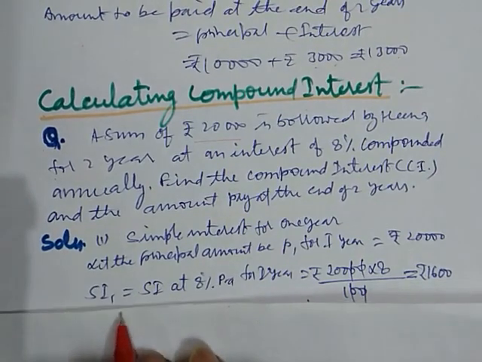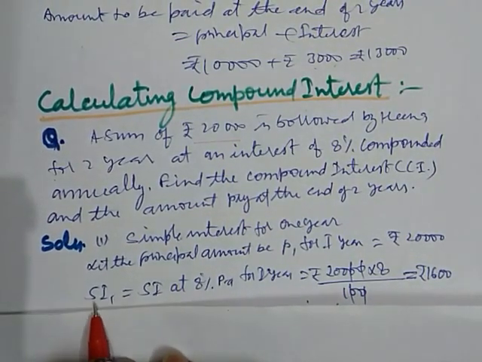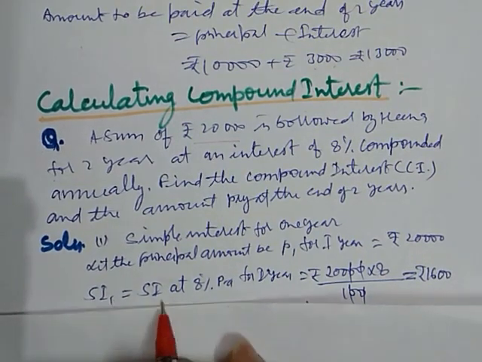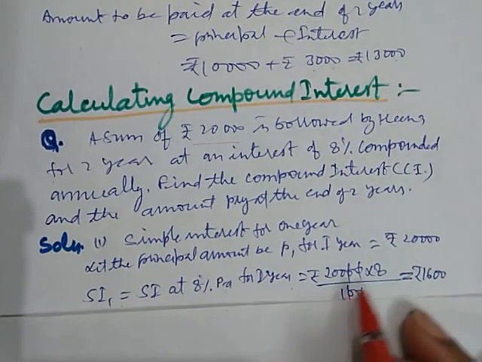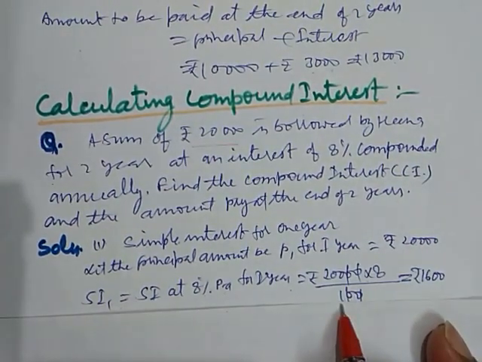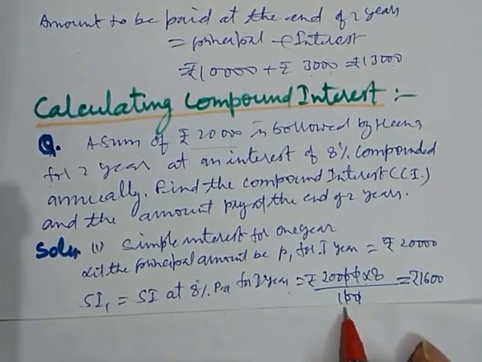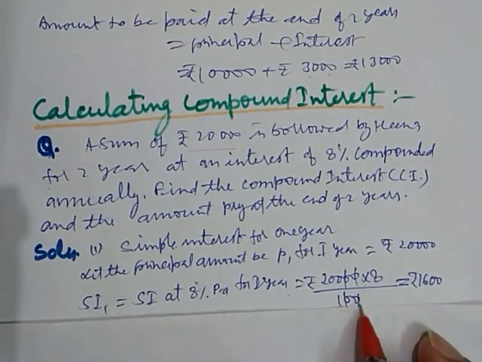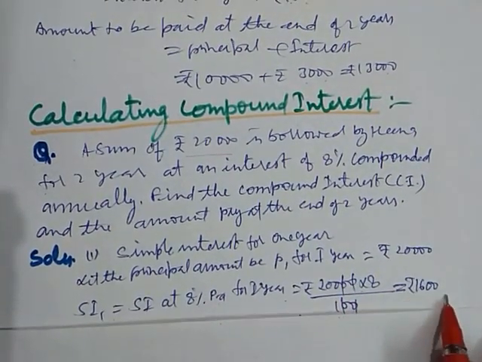Simple interest for the first year is known as SI1, at 8% per annum. Principal into rate divided by 100 is 20,000 into 8 divided by 100. The two zeros cancel, and we get rupees 1600.